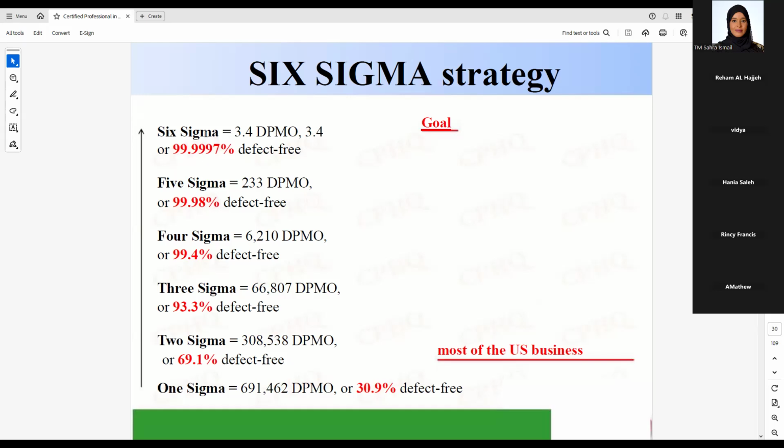And this increases your defect-free percentage to 99.99997%. And this is the goal of the Six Sigma strategy, to eliminate defects and make it less than 3.4 defects per million opportunity. Clear so far?